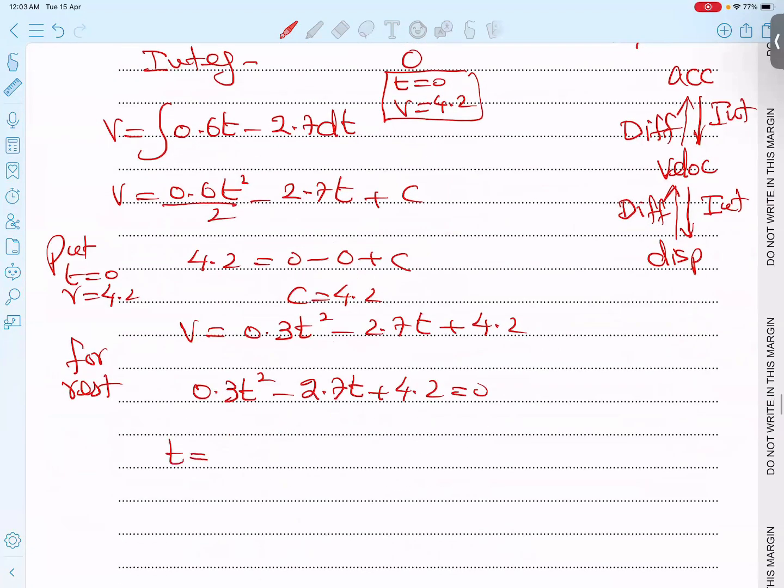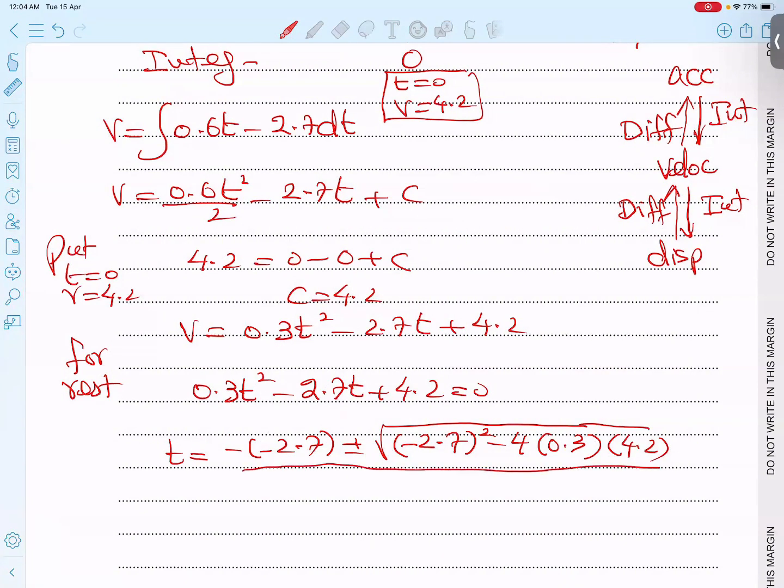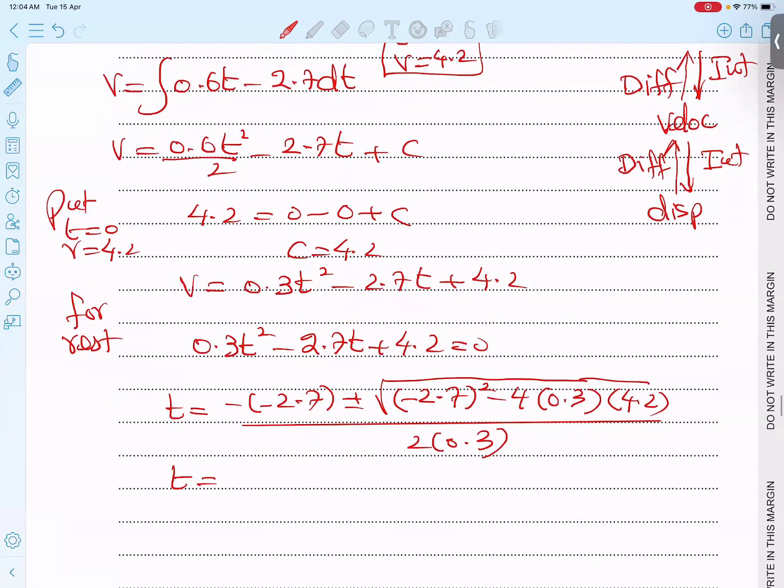Again, I'm going to apply the quadratic formula, negative b plus and minus the square root of b squared minus 4a into c, divided by 2a. At minimum, this formula you have to show to the examiner. Some students write directly. This is not the right way.